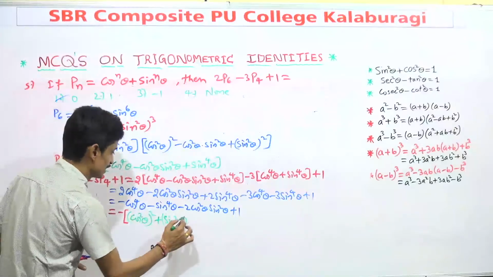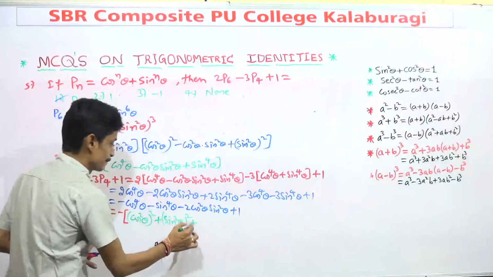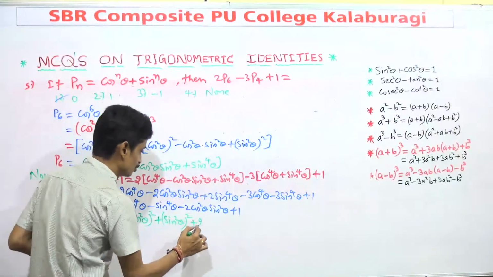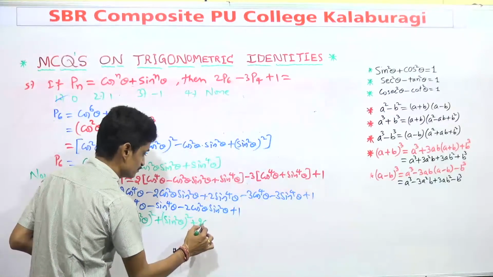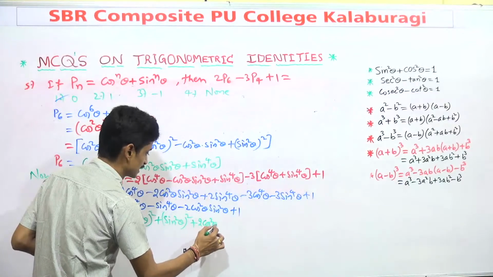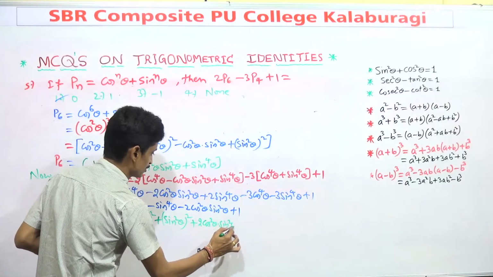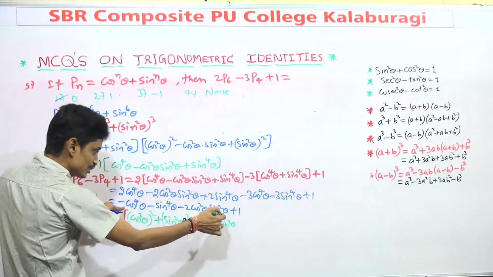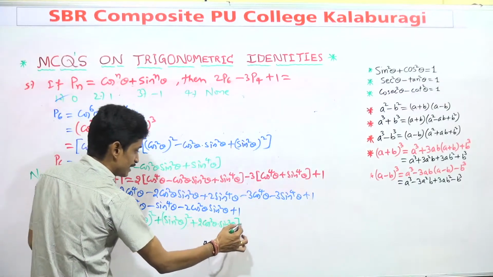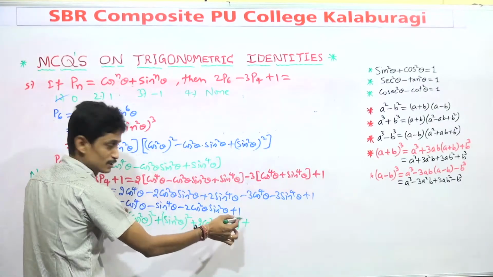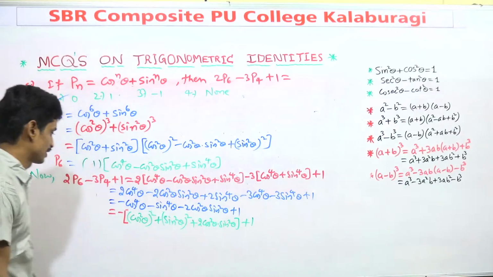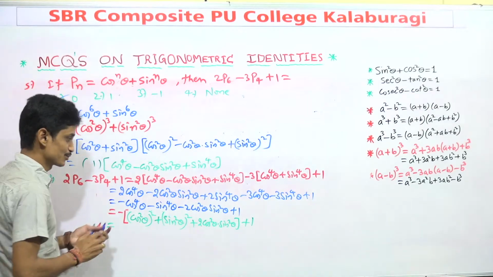Sin square theta whole square, minus taken common, plus 2 times cos square theta into sin square theta. Up to this term you should take common, and there is no common term here, so simply arrange it as it is, plus 1.